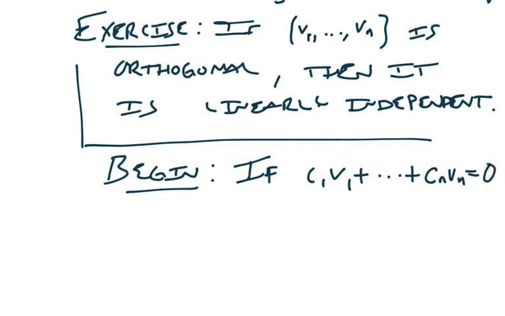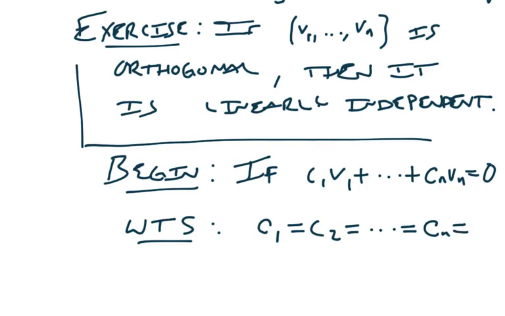This is always how we begin linear independence proofs, or checking linear independence, whatever you want to call it. If this linear combination of the v's is equal to 0, you want to show that all of the c's must be equal to 0 themselves.